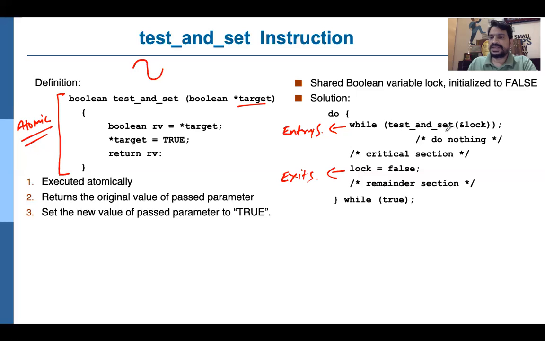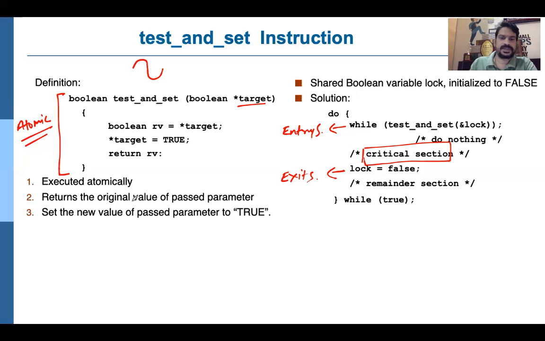And if it is giving you true, then we'll stay in the loop. If it is giving you false, then we'll execute the critical section. Once we execute the critical section, after that we can go to the exit section. It says that lock will become false, and we'll execute whatever the remainder section is.